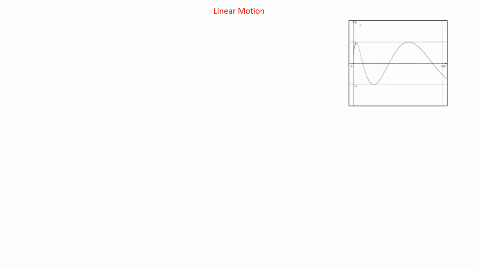So let's look to see what we're doing. For linear motion, if we have a velocity equation, here we have the graph. We'll get the equation here in just a minute. There's two things that we're going to have to find. We're going to find the antiderivatives.